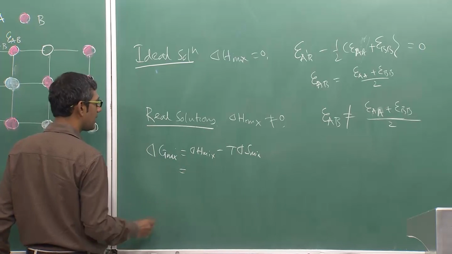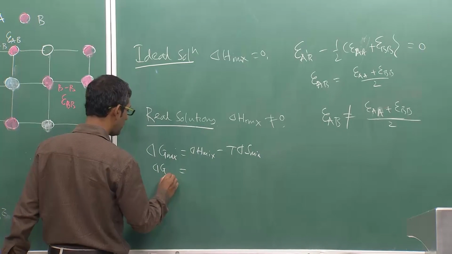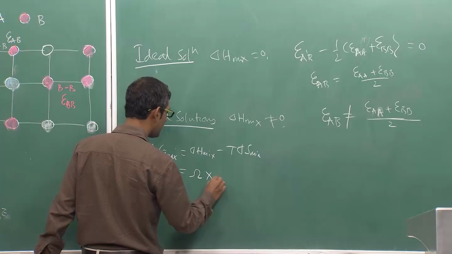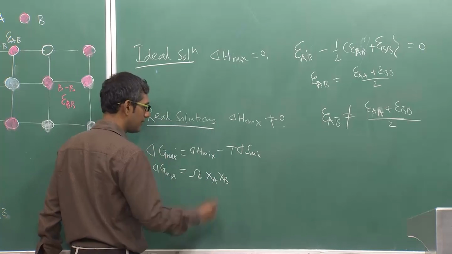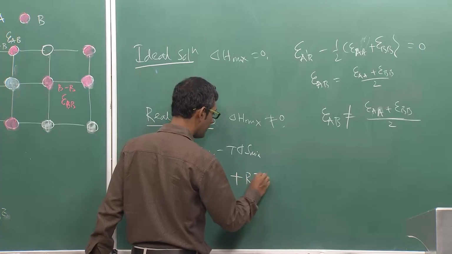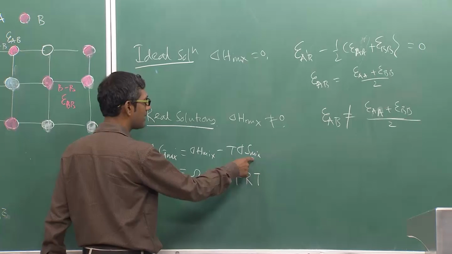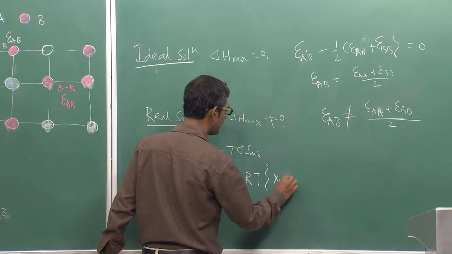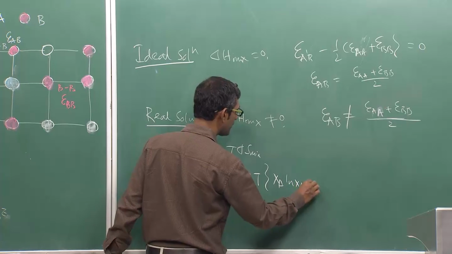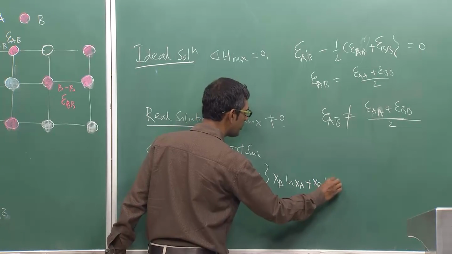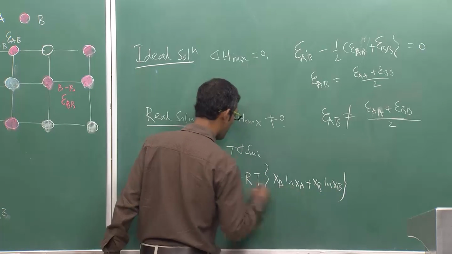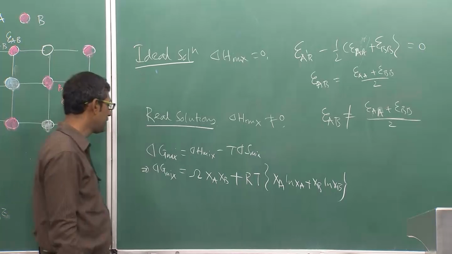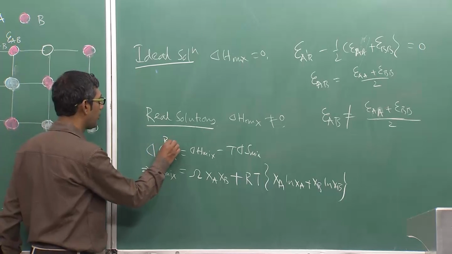So, that means delta G mix is equal to omega XA into XB plus R into T. Remember, delta S mix is nothing but minus R (XA ln XA plus XB ln XB). So therefore, if I multiply it with minus T, that becomes plus T. So this is the real expression of delta G mix for a regular solution.